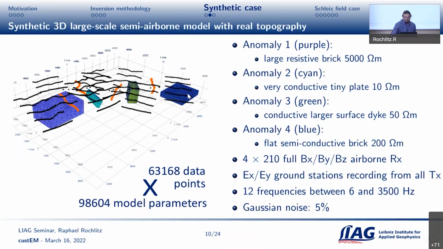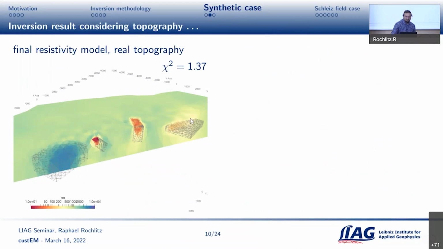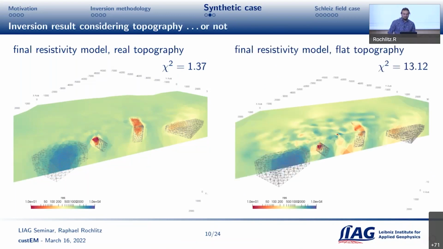Oh no, sorry, anomaly 4 is also conductive with respect to the background resistivity. So this is the less conductive anomaly, but we can see that they are nicely recovered, and that the depth of the anomalies is also nicely recovered. We also have a good RMS misfit at the end of our inversion. So this looks quite nice.